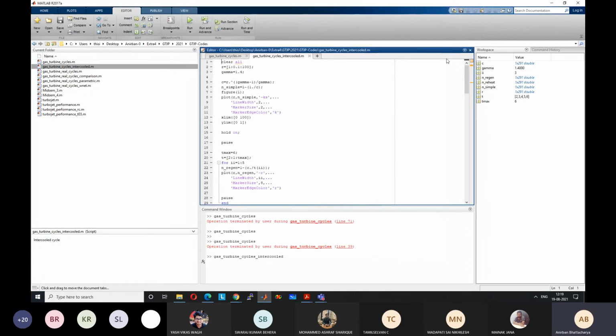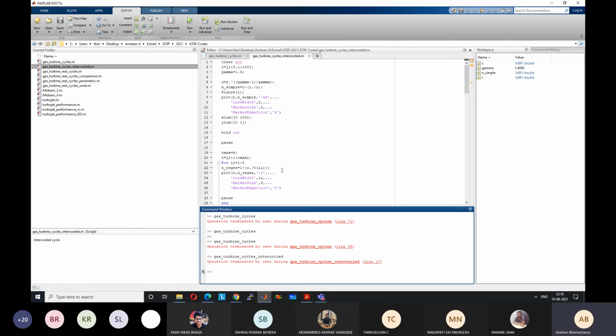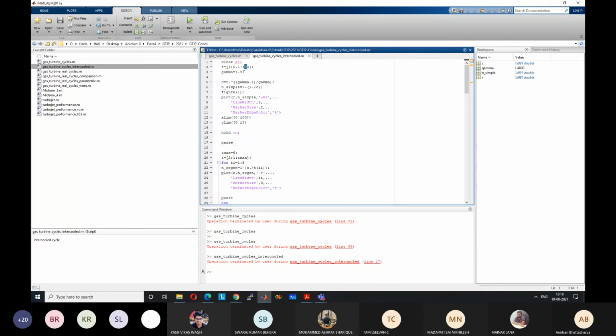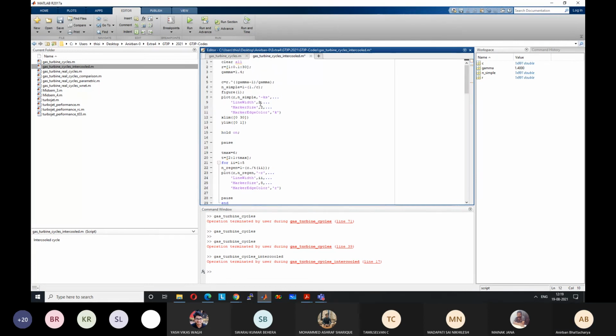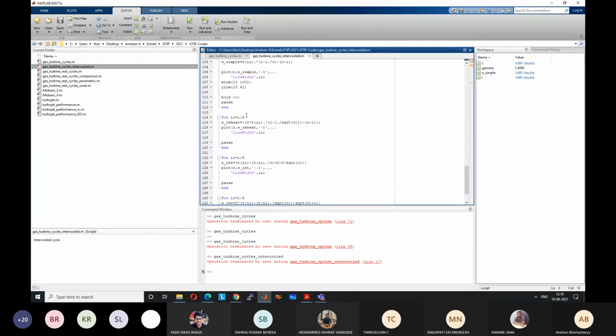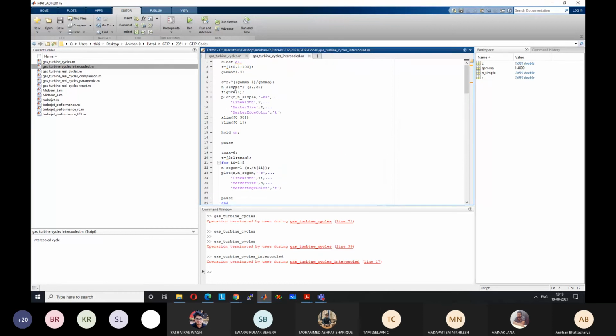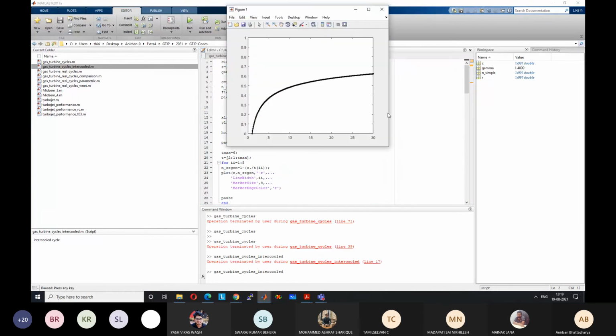I will reduce it. 100 is too high. We'll just plot till 30. Now it is fine.